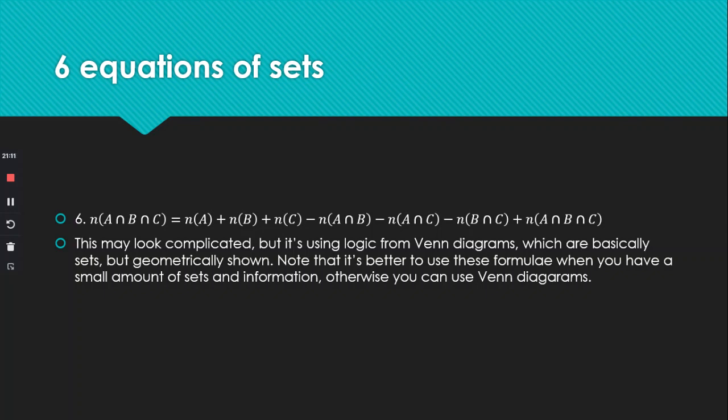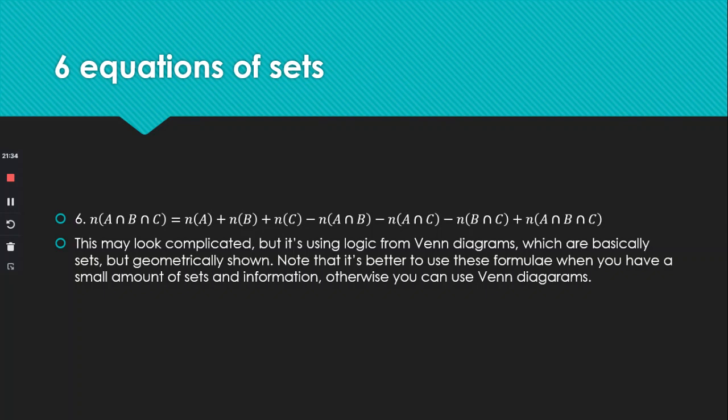And now basically what we do is that at the end, while you were subtracting A intersection B, A intersection C, and B intersection C, you took away the middle part. So you have to add the middle part again. Then you take N(A intersection B intersection C).